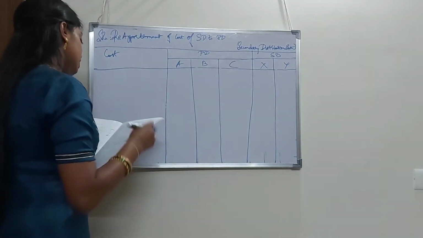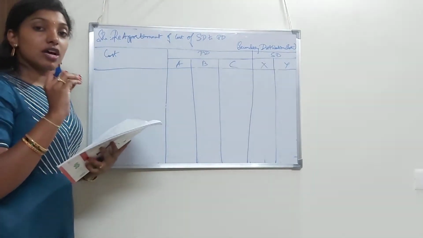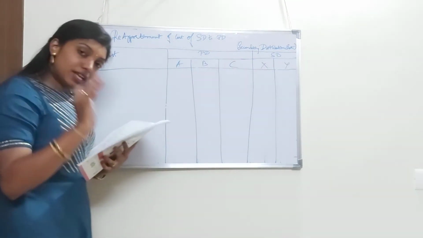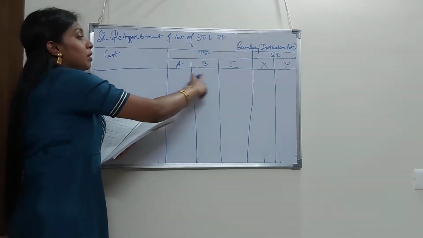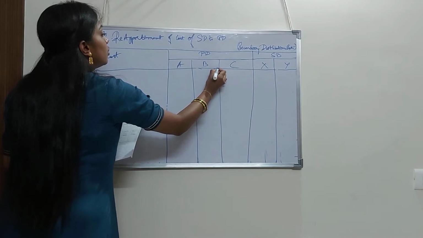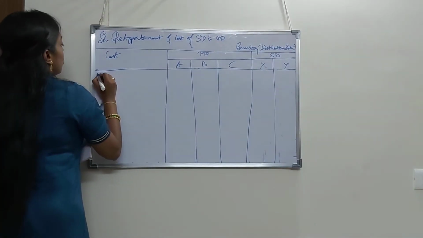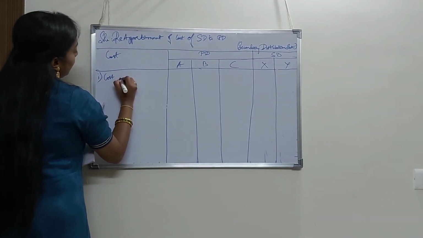So first we are going to write cost as per primary distribution. Every secondary distribution statement starts with cost as per primary distribution. That is your first step result.